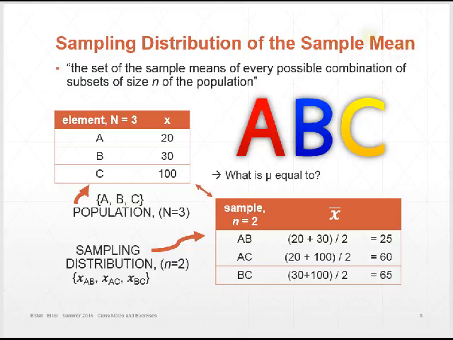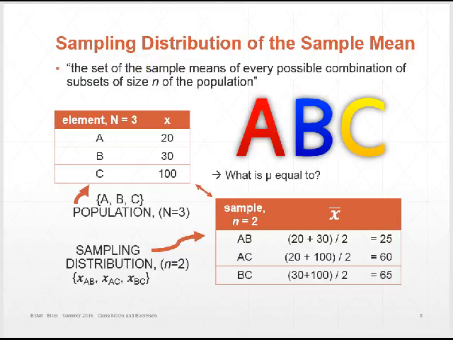In this case, we'll be looking at the sample mean. A little later on in this chapter, we'll also look at the sample proportion. So, the definition of a sampling distribution of a sample mean is the set of the sample means of every possible combination of subsets of a given size from the population.